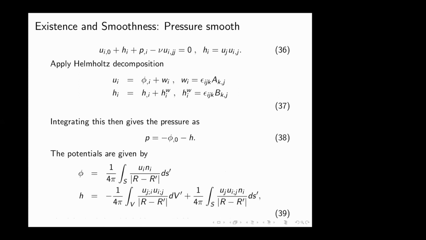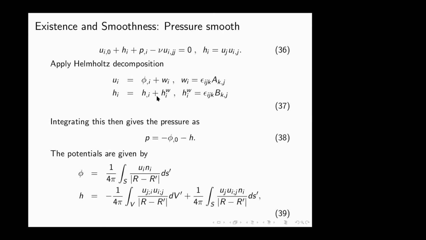And then I can work out that the pressure is smooth by, so this is quite well known, applying the Helmholtz decomposition. So any vector can be represented by a divergence-free component, which is that one, and also a curl-free component, which is this one. So decomposing in that way, I've written h_i here, which is called a head function, which is the inertia term.